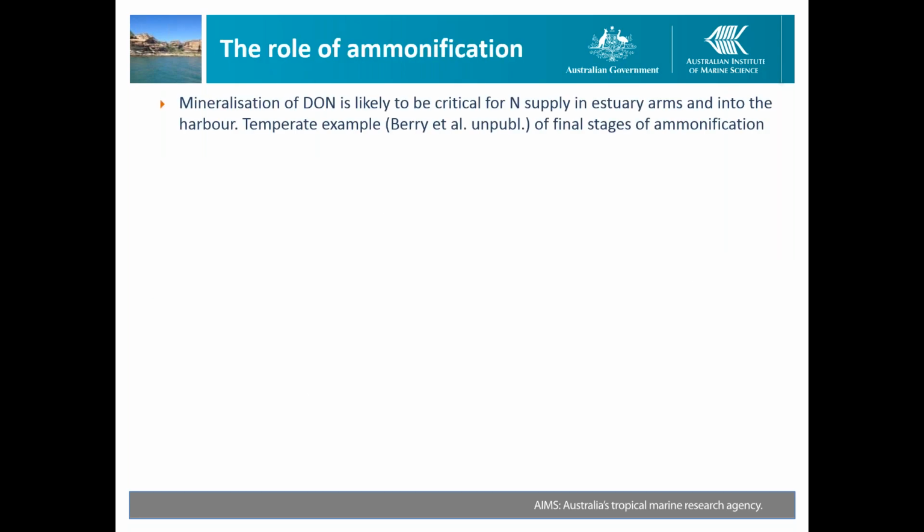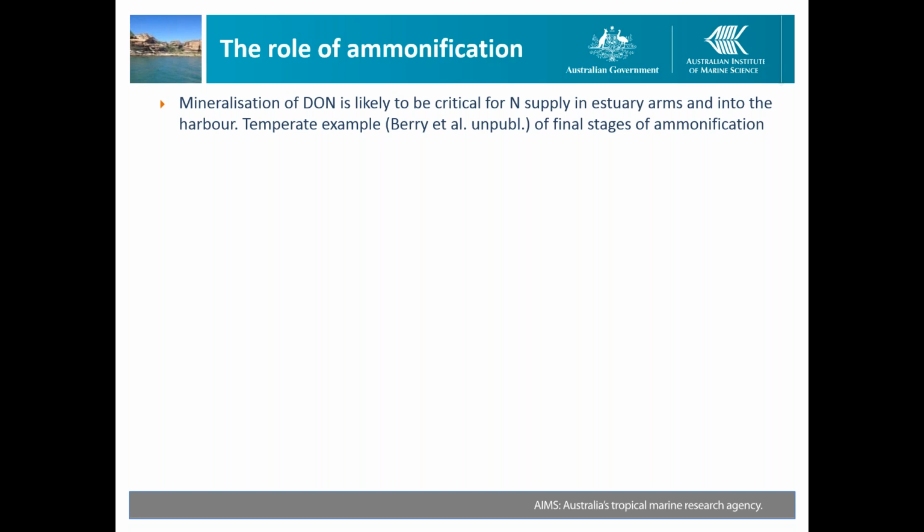The mineralisation of dissolved organic nitrogen, its breakdown, especially larger macromolecular forms, and for that matter too, particulate nitrogen, delivered in the wet, is fundamental to the supply of bioavailable N in Darwin Harbour.